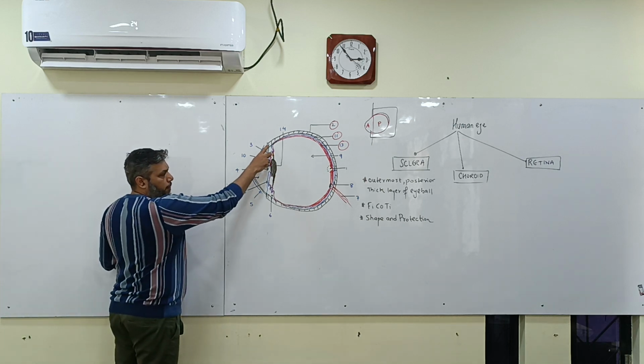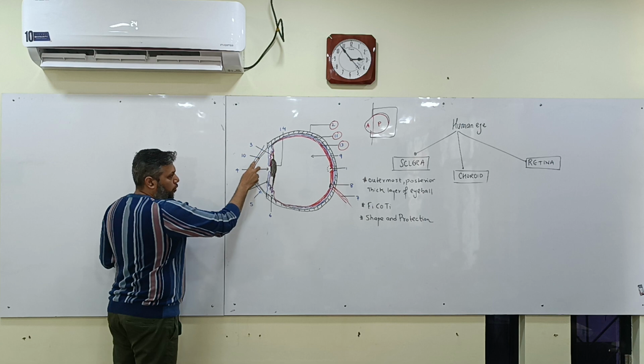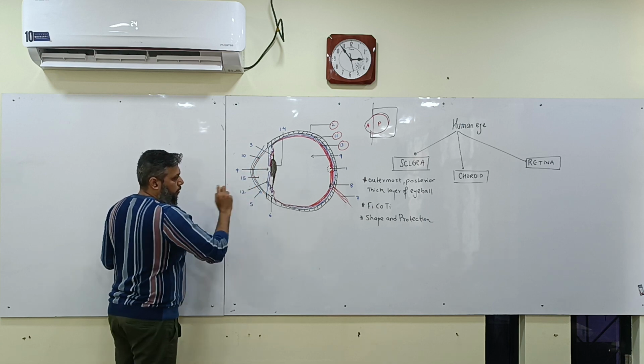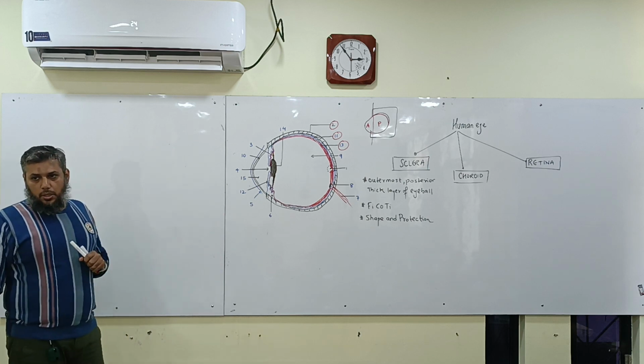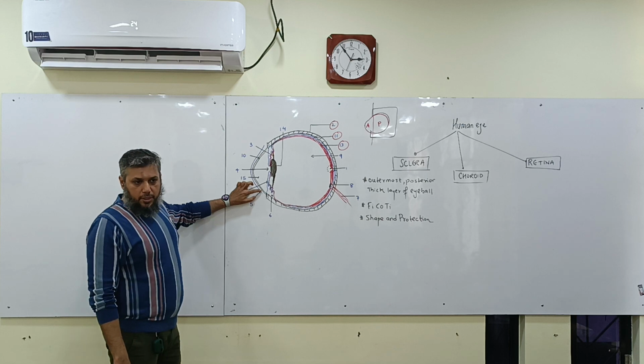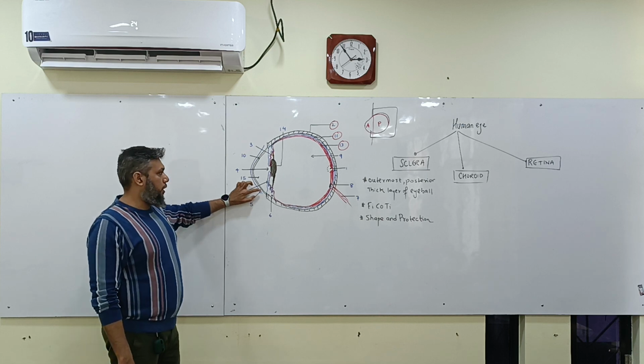The sclera continues forward, and as it continues forward, it becomes the thin, transparent cornea.